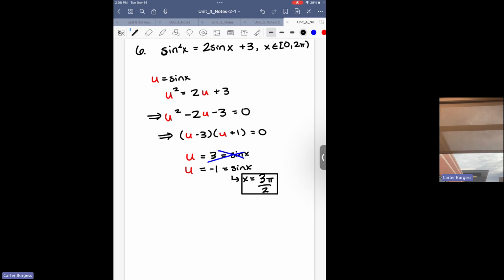Think double angle identities for that one. How could I replace cosine of 2x with our double angle identities? The sine of 2 theta was 2 sine of theta cosine of theta. Well, it was what we did in 5.